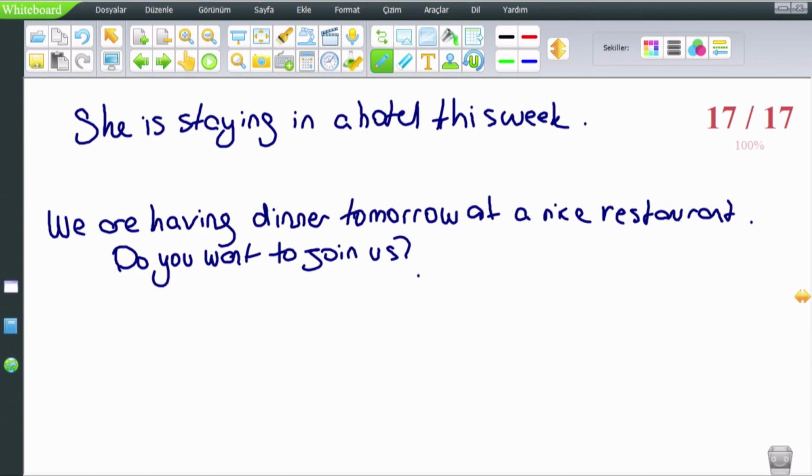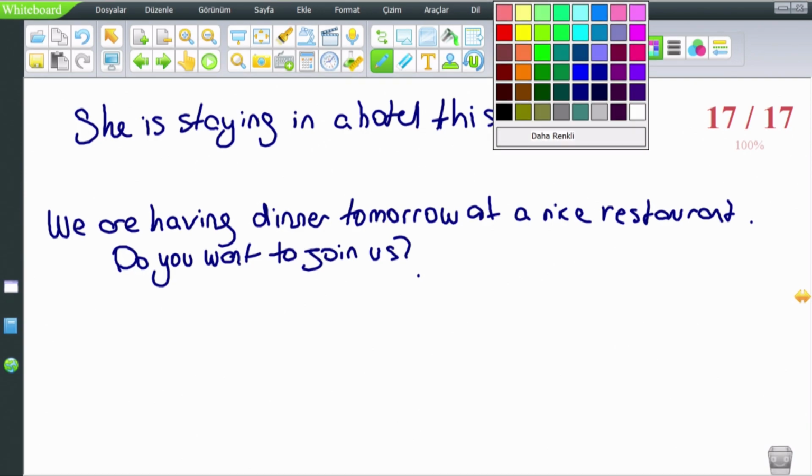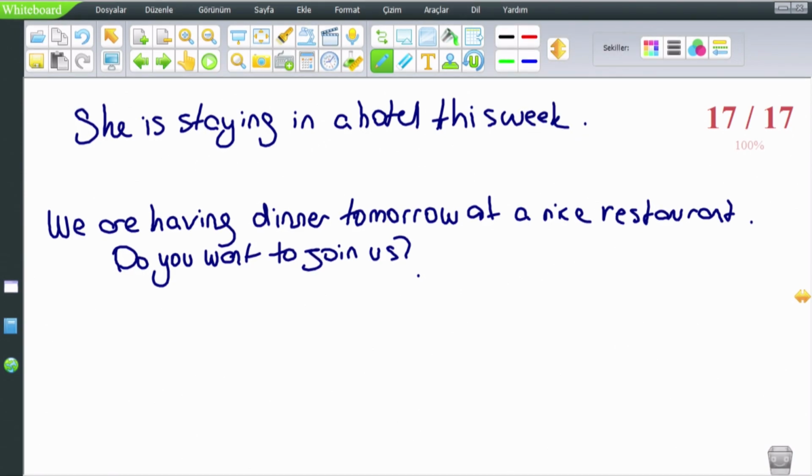We're having dinner tomorrow at a nice restaurant. Do you want to join? In the first one, you can see that have in the sentence doesn't mean own. So I use present progressive because it refers to a future plan. And in the second sentence, you can see the state verb.